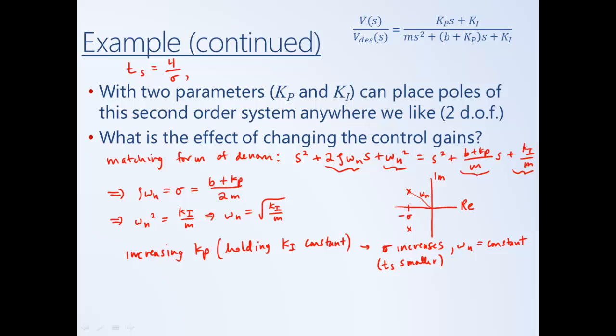It does enter into the rise time equation, but we didn't derive that one. But moving these poles will also affect other parameters. So it will also affect omega d, which is the imaginary part of the pole and which directly affects peak time. And it will also affect zeta, which affects overshoot.